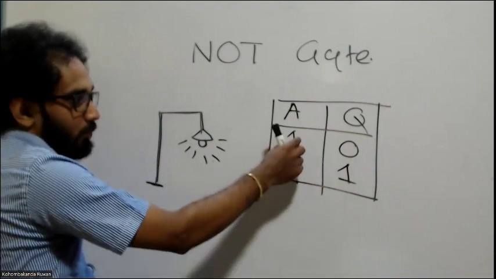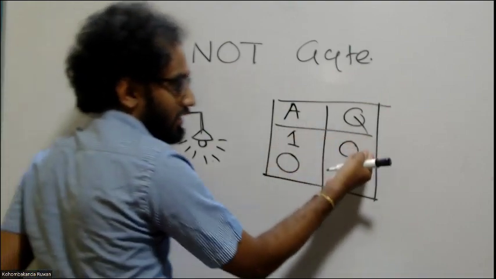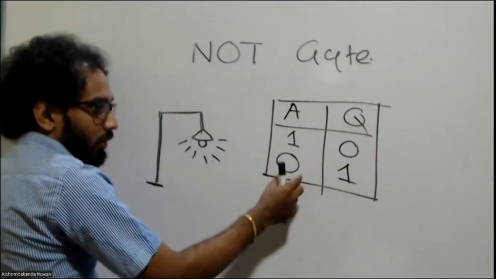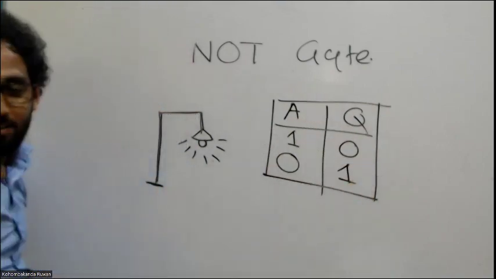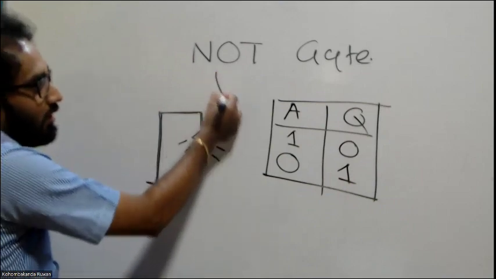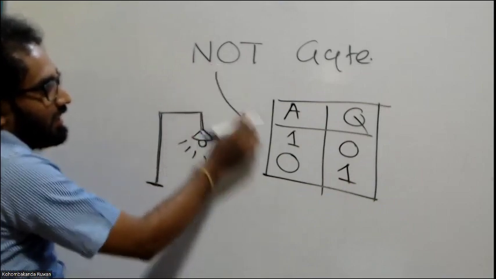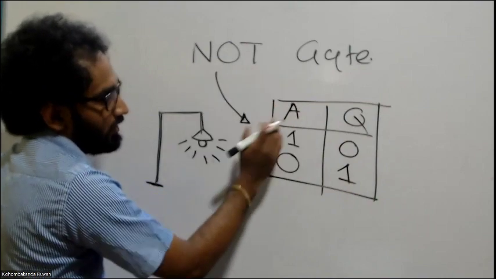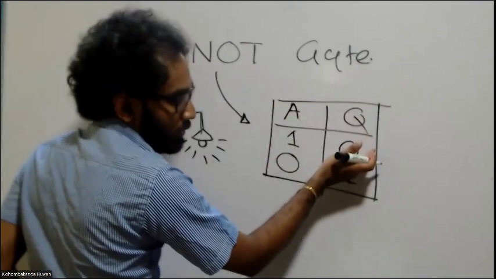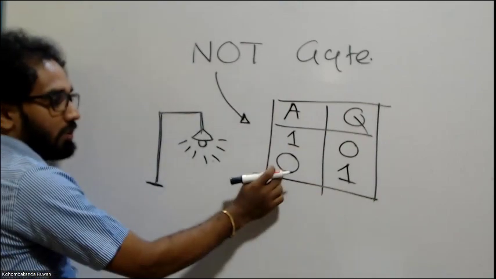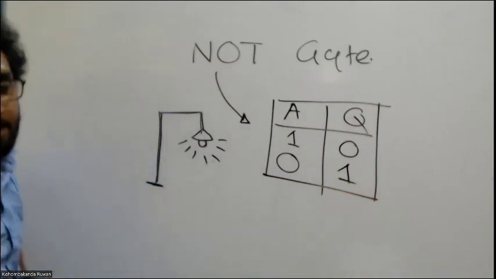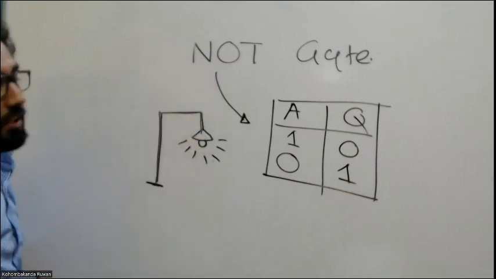If you input 1, the result will be 0. If you input 0, the result will be 1. This is what we call the NOT logic gate.